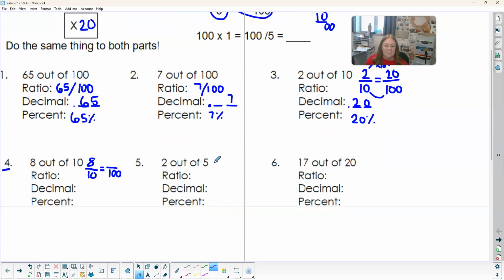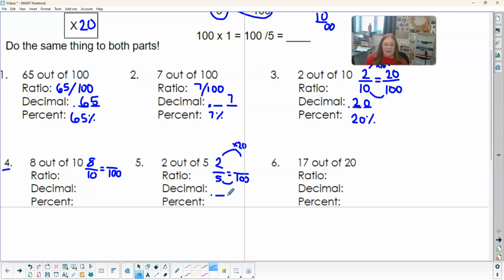Hey, number 5, we're going to set up our problem. We have 2/5, and I want to get to 100. So this is like nickels, 5 cents, and I need 20 of these to get to 100. So I need to do 2 times 20 to find this number here.